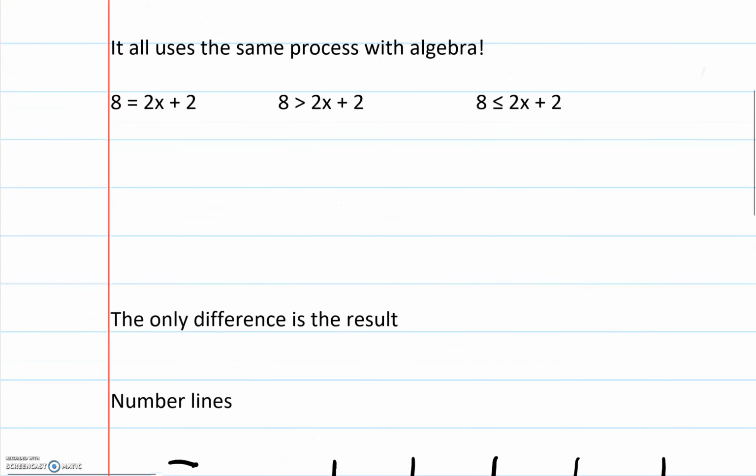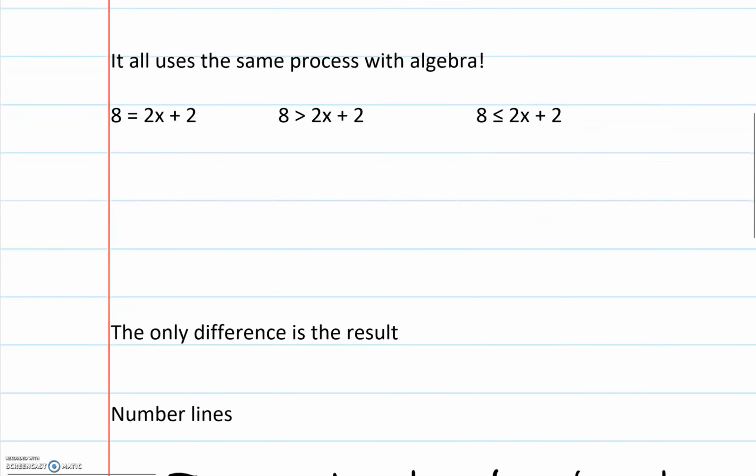We're going to start looking at some of these inequalities, and I want to point out that all the stuff we've been learning in 6.1 and 6.2 is the same thing when we get to inequalities. So let's show this equation as if it were from 6.1, 6.2. First thing we do is opposite BEDMAS, so minus 2, which gives us 6 equals 2x.